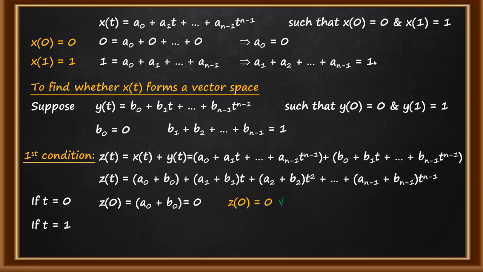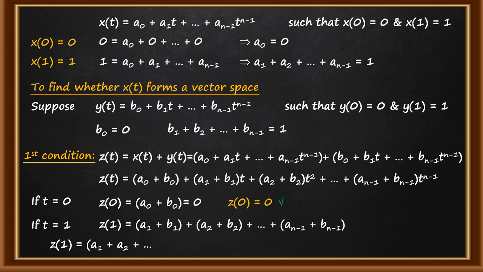So if t equal to 1, z(1) will be equal to a1 plus b1 plus a2 plus b2 up to a(n minus 1) plus b(n minus 1). Now rearrange it in terms of the coefficients of a and the coefficients of b. This will be a1 plus a2 up to a(n minus 1) plus b1 plus b2 up to b(n minus 1).